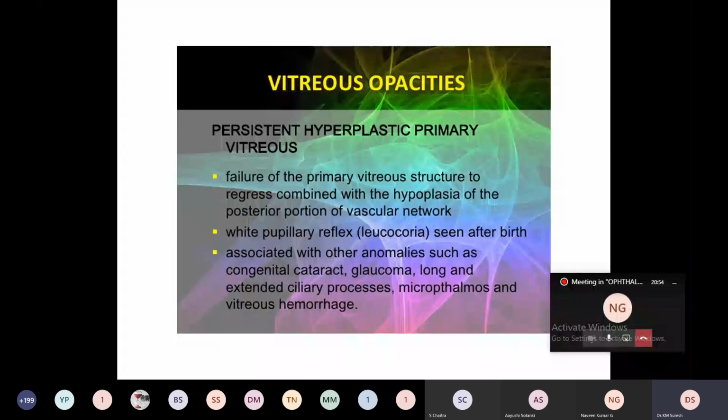Failure of the primary vitreous structure to regress combined with the hypoplasia of the posterior portion of the vascular network leads to PHPV. You will have what is known as leukocoria seen after birth, and it can be associated with other abnormalities such as congenital cataract, glaucoma, long and extended ciliary processes, microphthalmus, and vitreous hemorrhage.